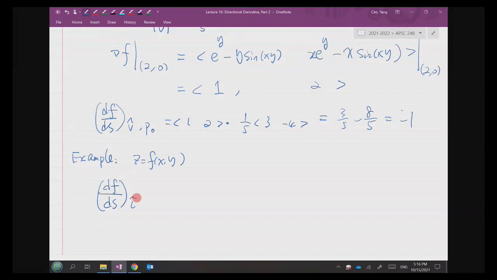What would that be? Very good. Not yet. Now, what would that be? You don't have to calculate. You can think about it, right? So right now what's the I hat direction? I hat is in which direction? Which axis direction? X-axis direction.